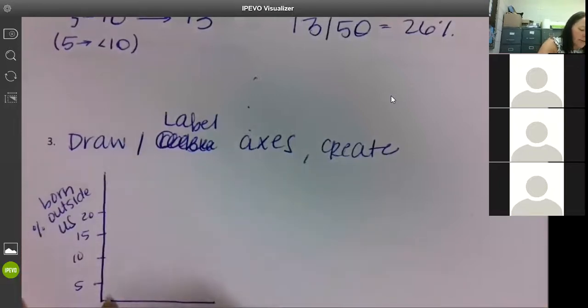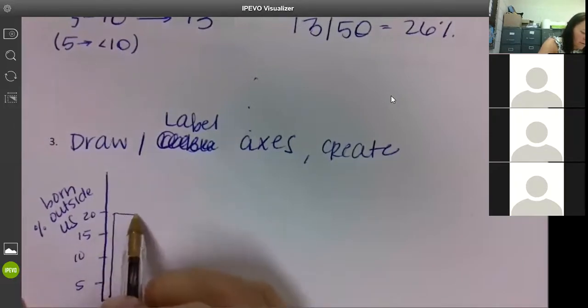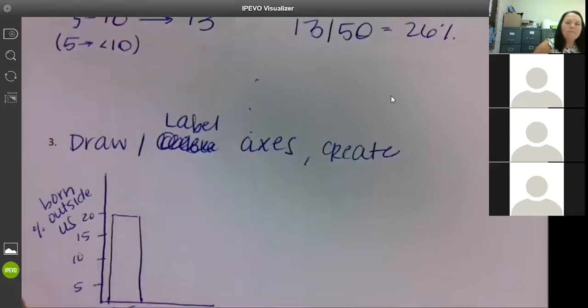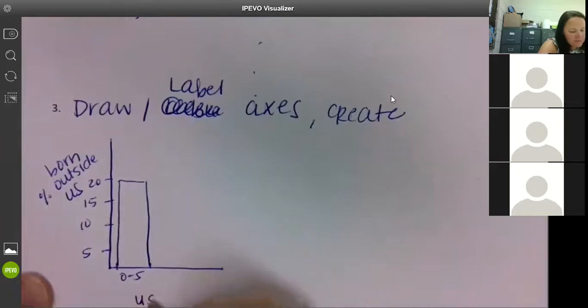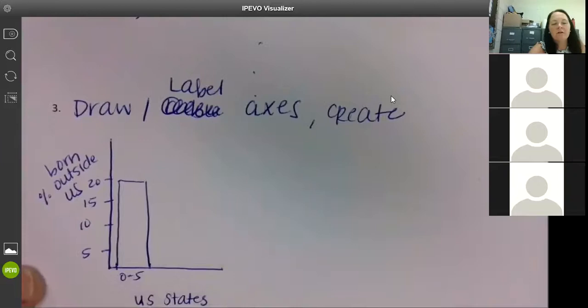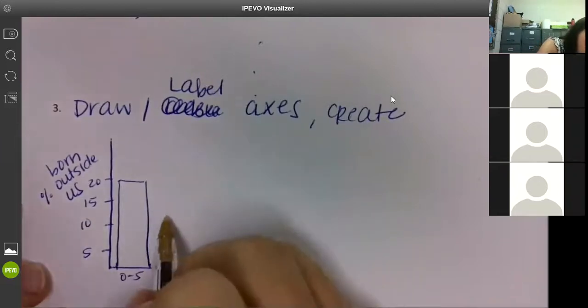And that first one in the category 0 to 5 was a count of 20. And this was US states. So label your axes and then create your histogram. Then you would do the next one, it would be at 13.